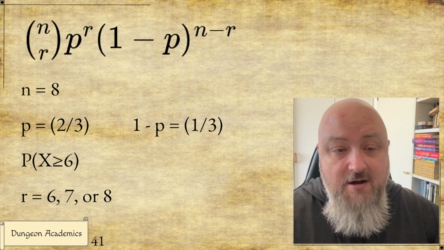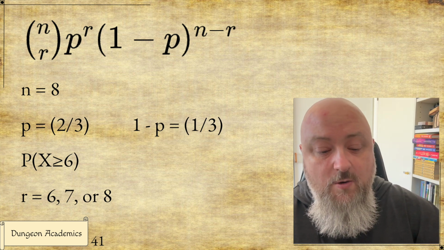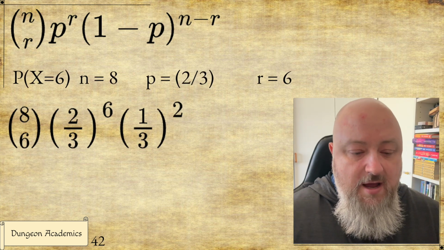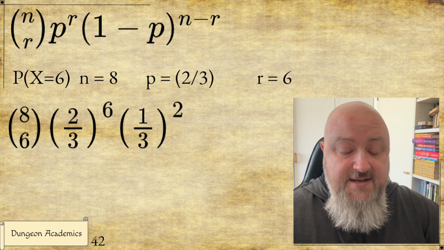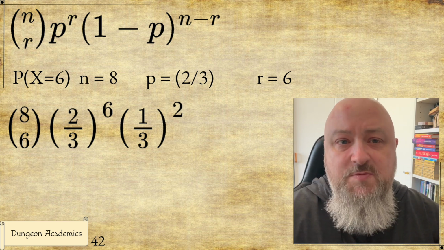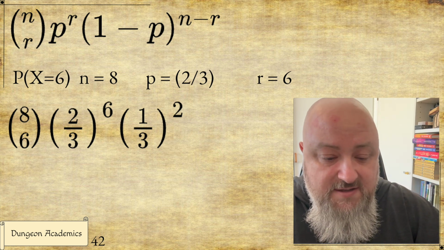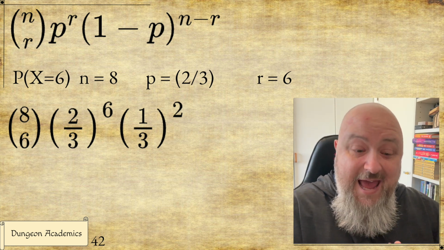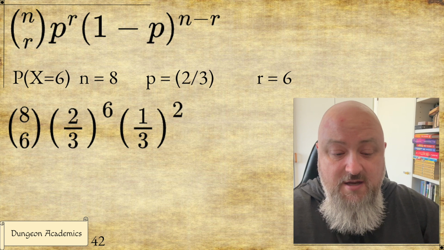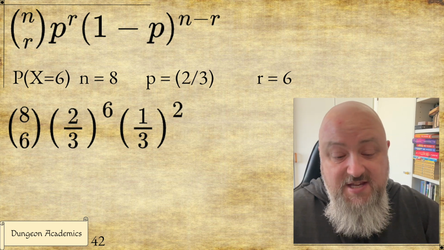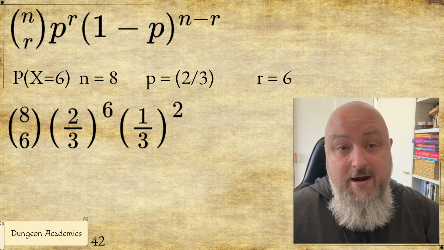So we're going to set r to be 6, 7 or 8. So let's look at the possible ways of getting 6 successes and therefore 2 failures. So we're going to have 8 choose 6 times 2/3 to the power of 6 times 1/3 to the power of 2.